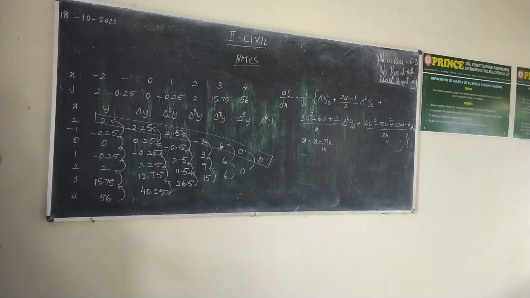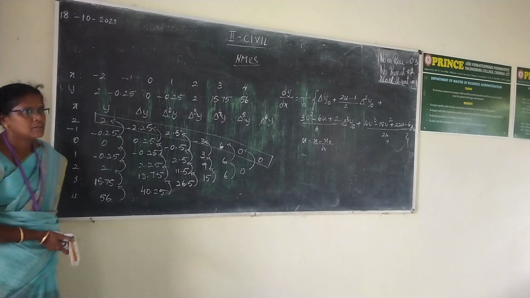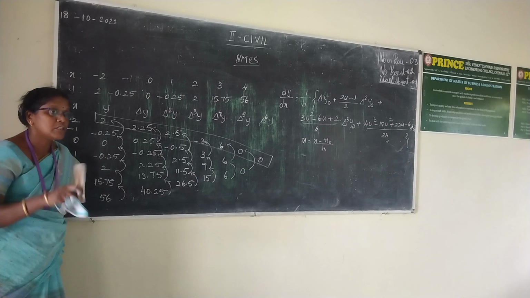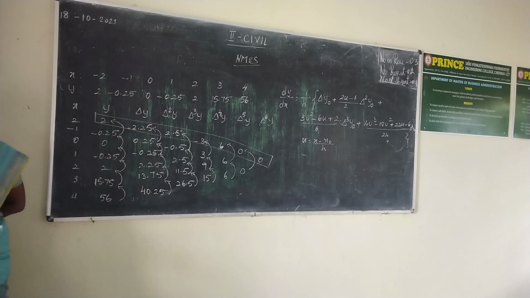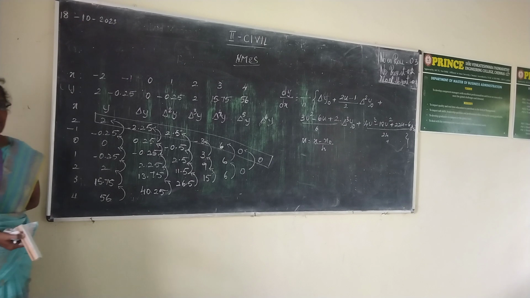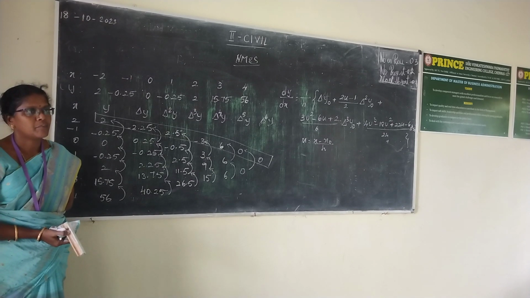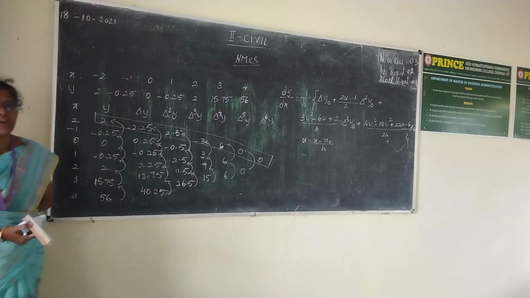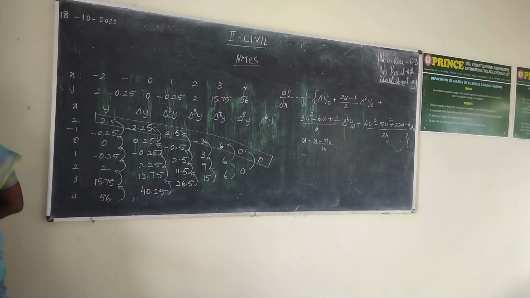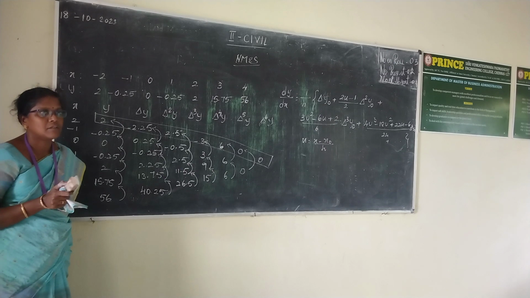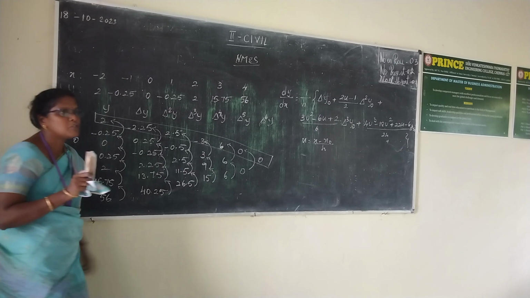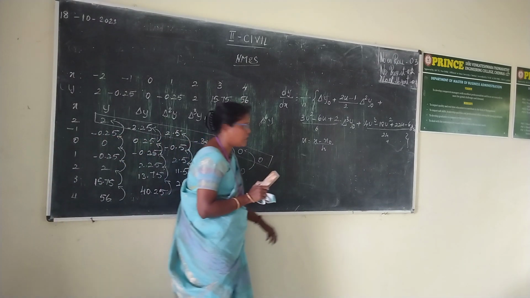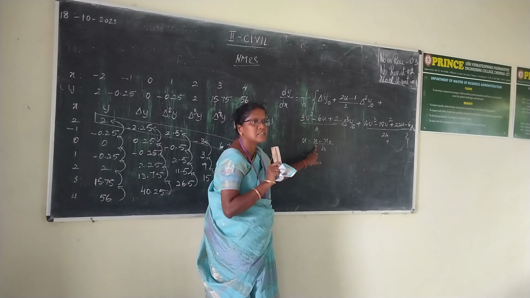Written the formula. So what is supposed to be found here? What is the main objective? Maximum and minimum. I gave you the procedure. Do we find dy by dx as a value or an expression? Expression. So you are supposed to find the derivative as an expression, so retain x as x itself.